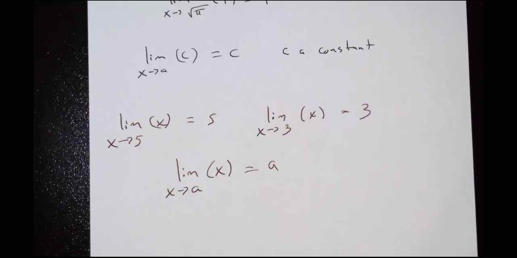Everything else should be constructible from these ideas. And when they aren't, we'll have to go back to our visuals, to our tables, to our graphs to try and figure out what's going on. But algebraically, I'm going to build off of these two.